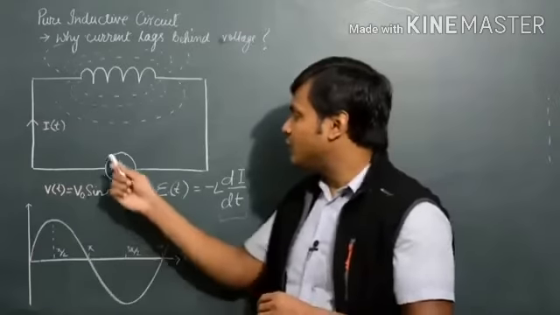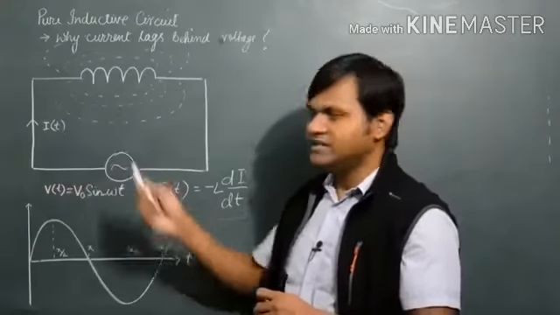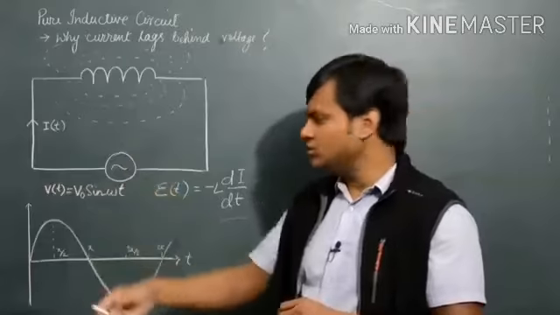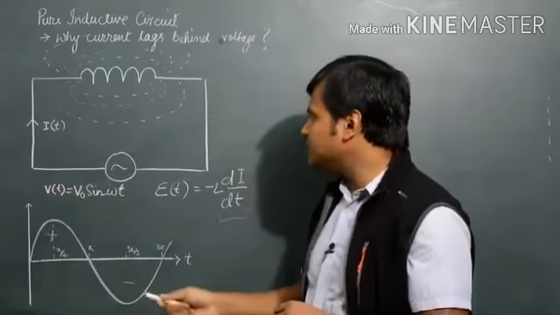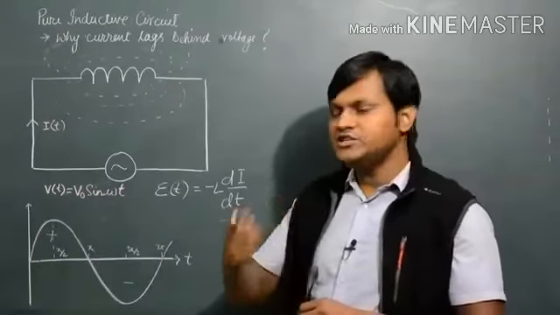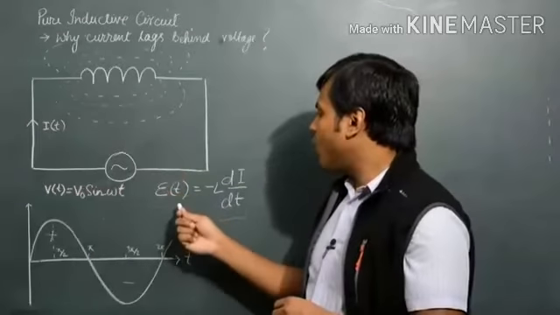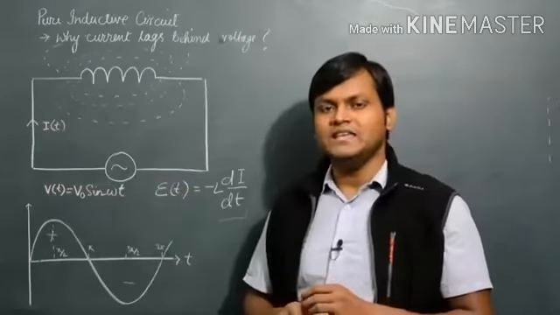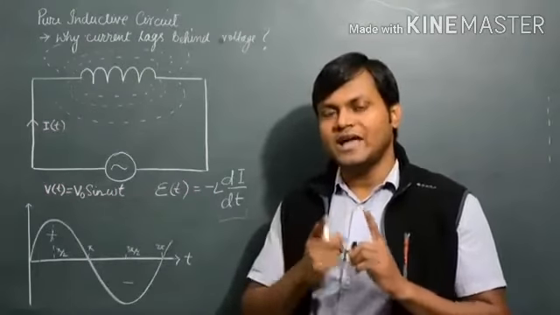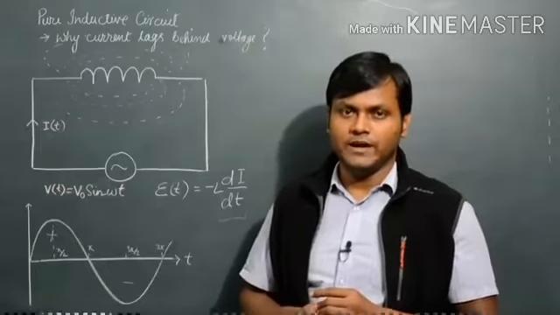The moment we have a power supply which is offering some kind of AC voltage, so the voltage is going up and down, the polarity is reversing with respect to time at a particular frequency, then with every change in current, the inductor is offering some kind of opposition by inducing an EMF in the coil which is against the voltage supply.